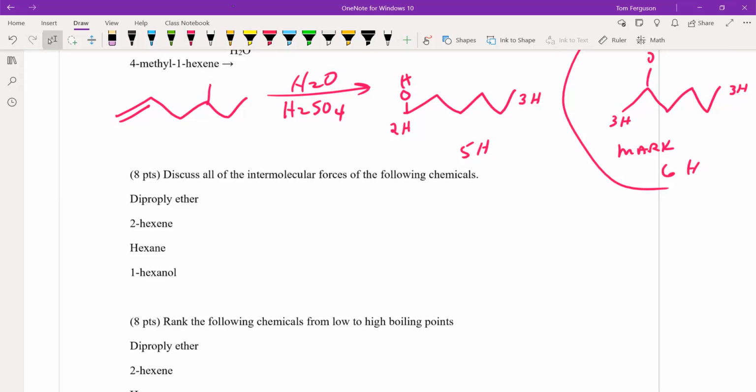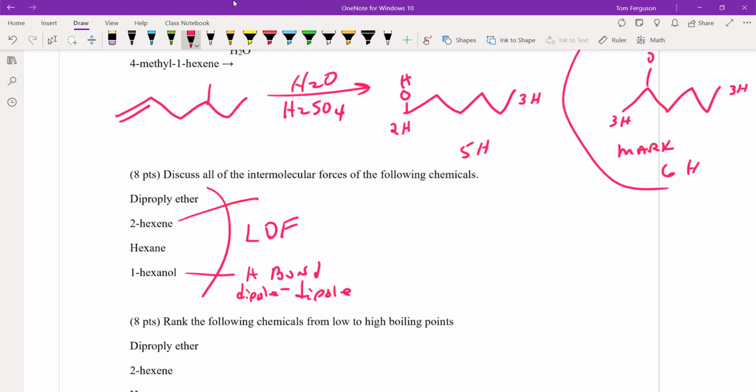So what are the IMFs of the following molecules? Okay, right off the bat, they have London dispersion forces. Bam, every single one of them. Okay, that's got hydrogen bonding and dipole-dipole. That has LDF only.